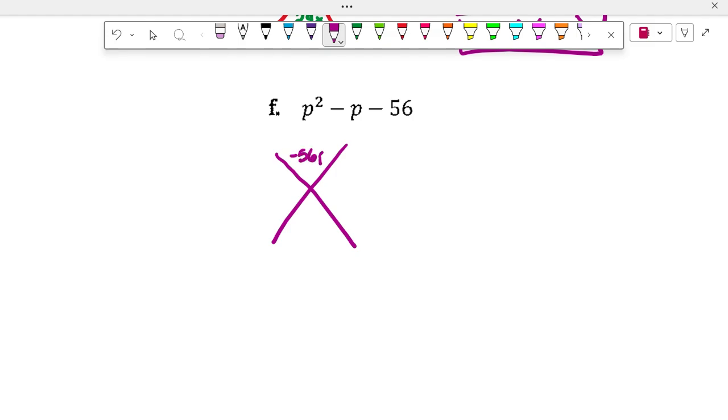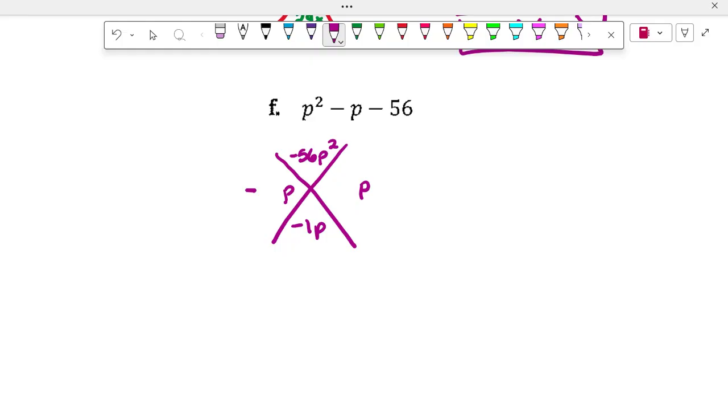Negative 56p squared. What's my B? Negative 1p. So we're going to put p's after this. So we are multiplying to a negative number. So that means that what has to happen? One's positive, one's negative. So I'm just going to go ahead and mark one of them negative so I know I got to have a negative one.